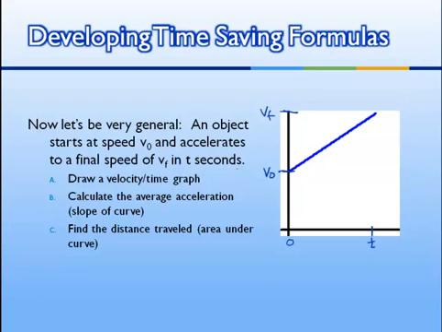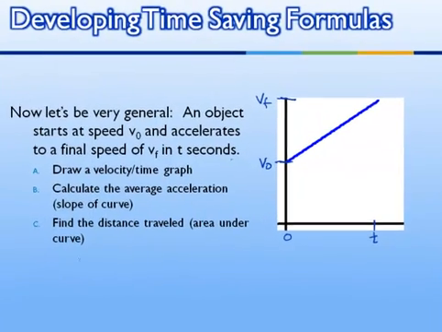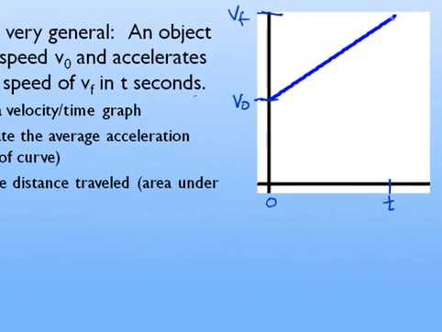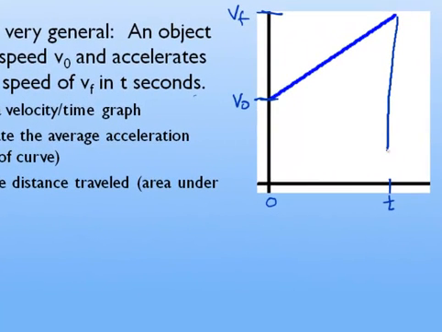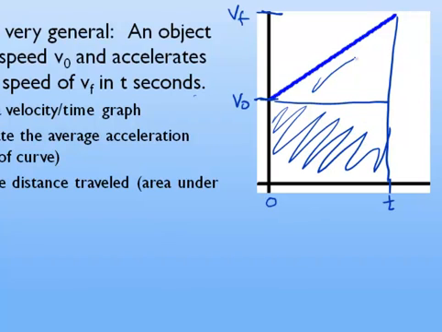Now let's find the distance that this object traveled in this amount of time. And remember that that's the area that's underneath this curve. If I draw this line down, let's break it into a rectangle and a triangle, as we've done a couple times before, and find the area of each of these. The rectangle is V naught tall and time wide.